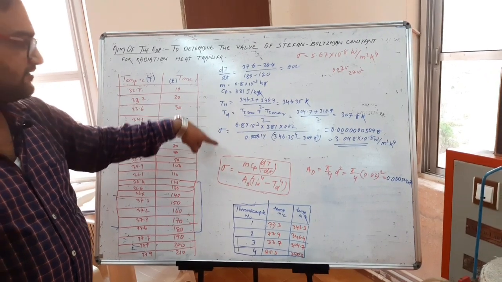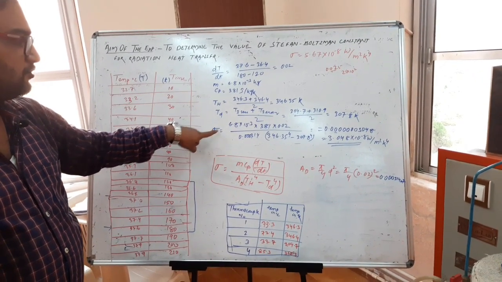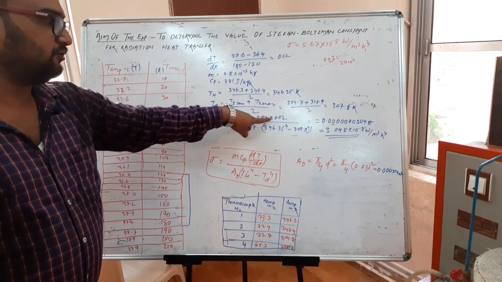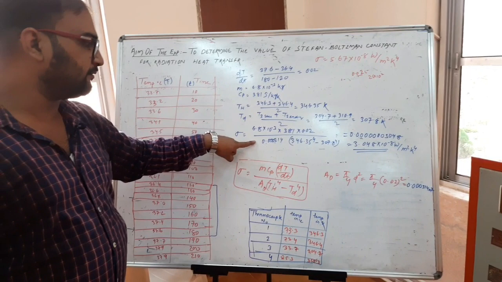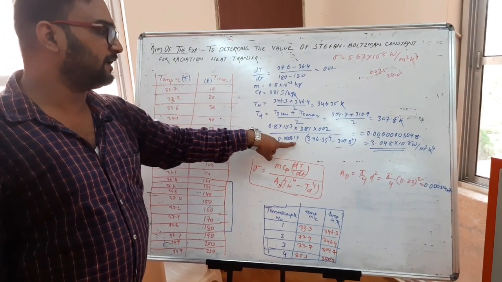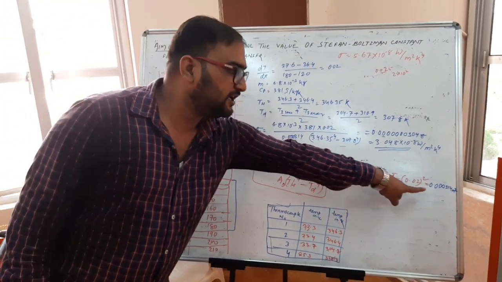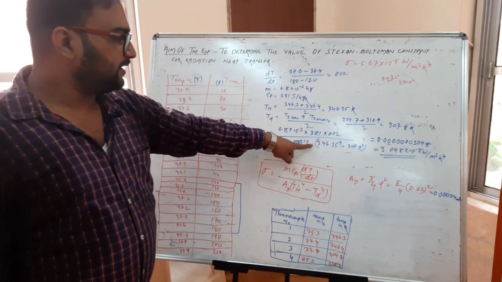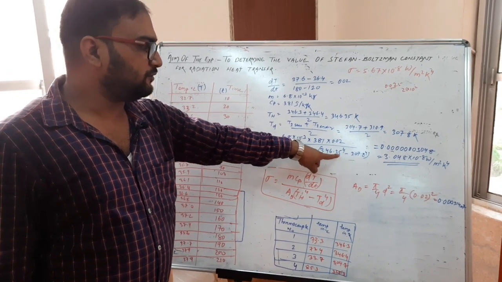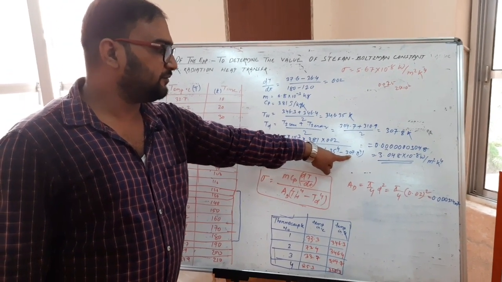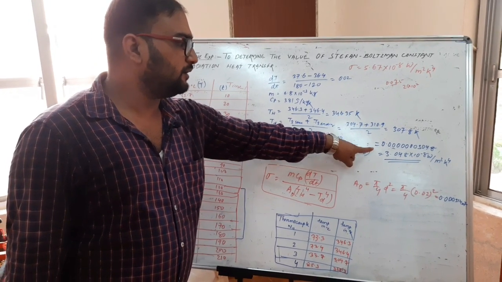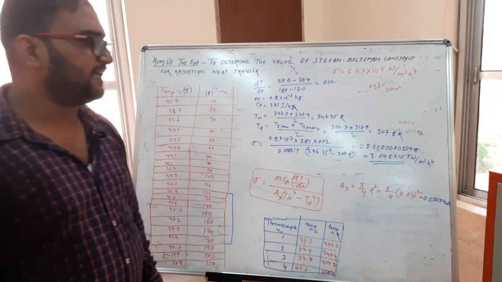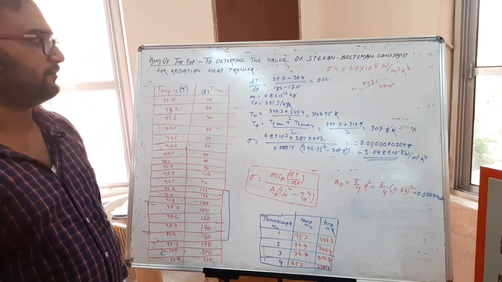Now putting all these values in the formula, sigma is equal to 6.8 into 10 to the power minus 3 into 381 into 0.02, whole divided by 0.000314, which stands for the area, 0.000314 meter square, into (346.35 to the power 4 minus 307.8 to the power 4), which equals 3.048 into 10 to the power minus 8 watt per meter square Kelvin to the power 4.